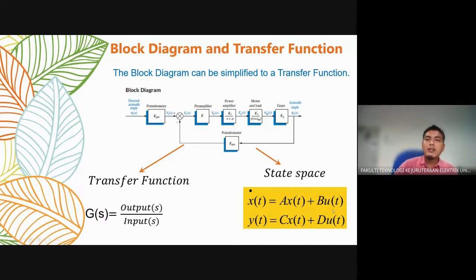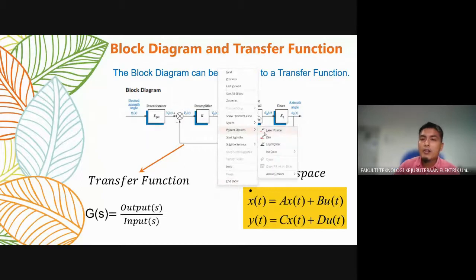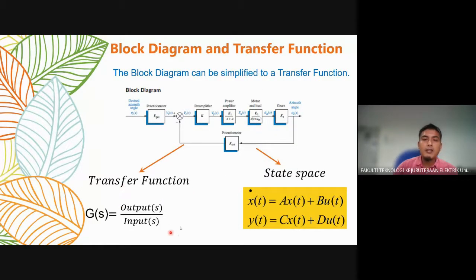The difference between the transfer function and the state space is that the transfer function is in the frequency domain, whereas the state space is in the time domain.